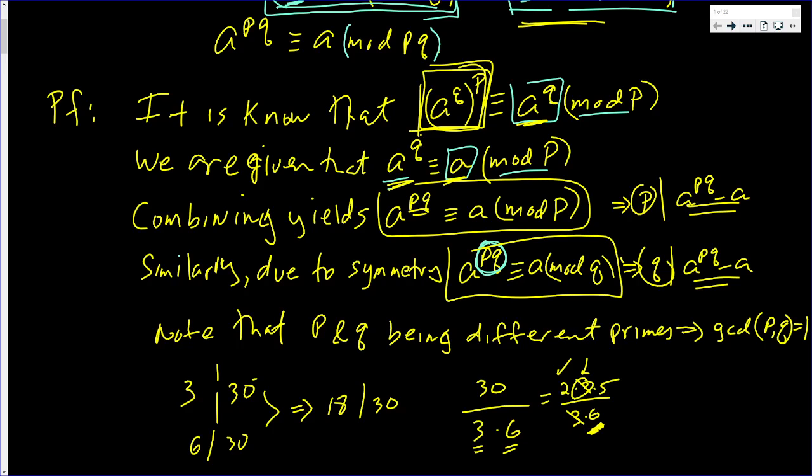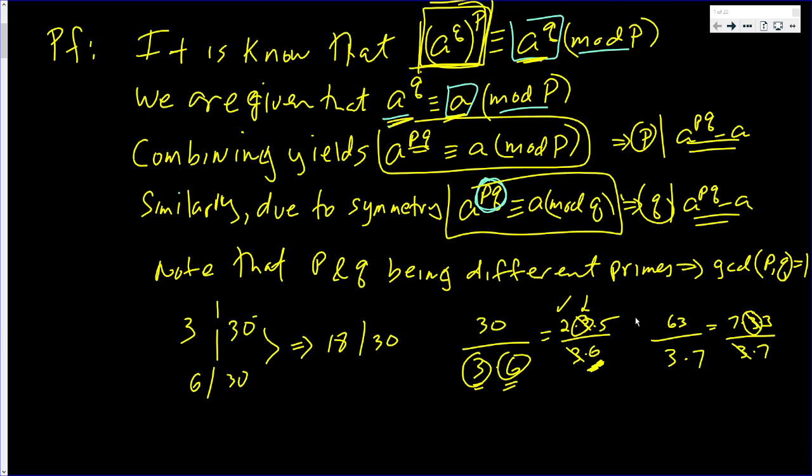But if these two numbers were relatively prime, like maybe 3 and 7, and here we have 63, which is 7 times 9, and I'll write 9 as 3 times 3. When you kill off the 3, it didn't affect the 7s. This 3 did not have a 7 in it.